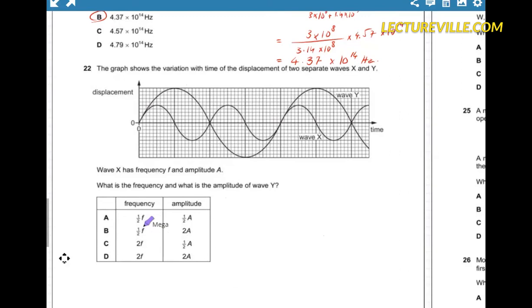So the answer can be B or D based on amplitude. Frequency: when wave X completes one wave, wave Y only completes half of the wave. So the frequency of wave Y will be half the frequency of wave X. That means 1 over 2f and 2a. B should be the answer for this one.